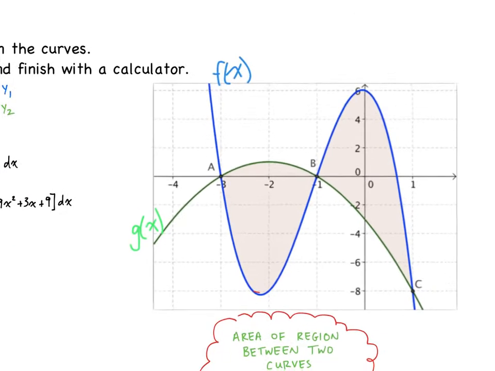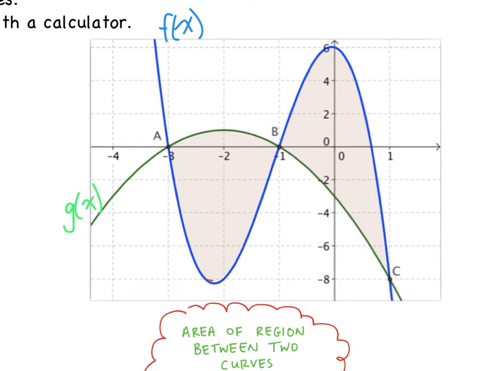Remember, area underneath curves is just a bunch of rectangles added together, okay? I'm going to make mine bigger than it needs to be, but it's the sum of all these areas of these rectangles, these infinitely many rectangles added together.